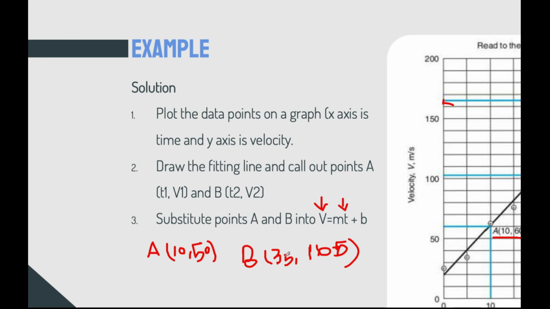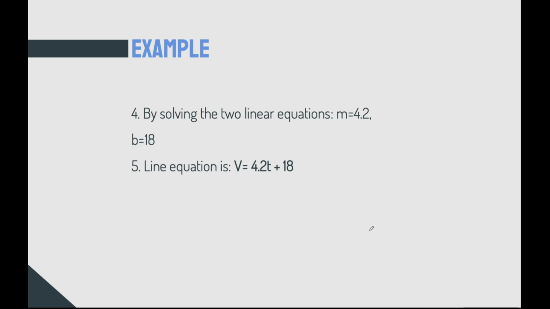We need to plug in those 2 points into the equation and solve it to find the value of m and b. We should have v equals like 3t plus 2, 2t plus 5, and so on. Now solving the equation, plugging in back would give you m equal to 4.2 and b equal to 18. That means our line equation is v equals 4.2t plus 18.